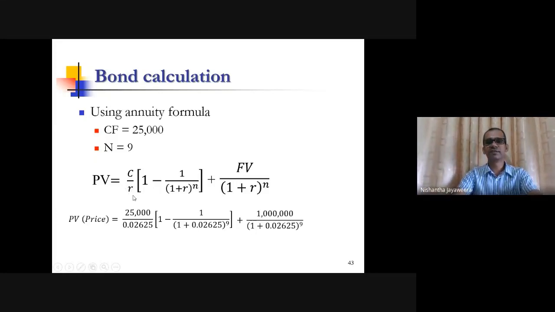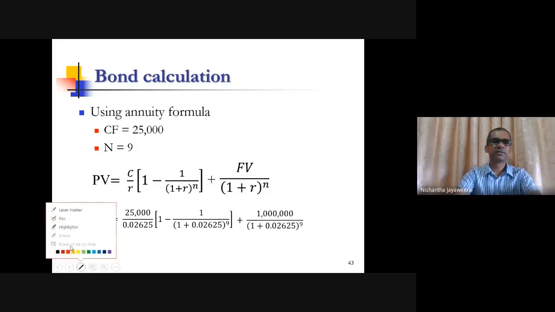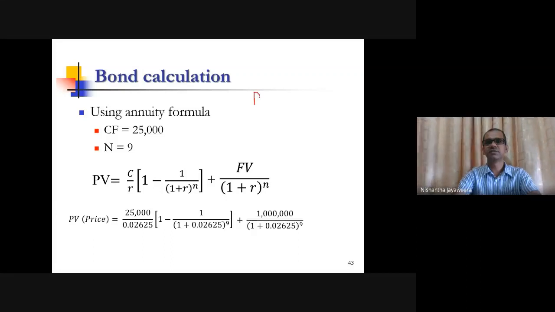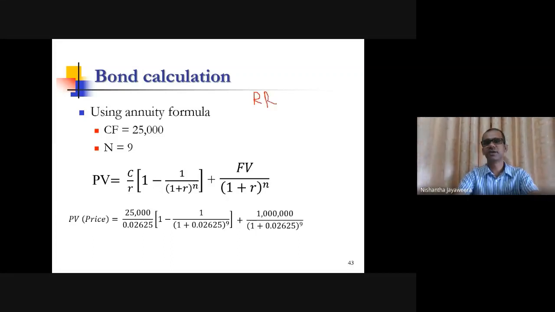We have to divide this per annum R, the required rate of return, by F. What is F? That is the coupon frequency.